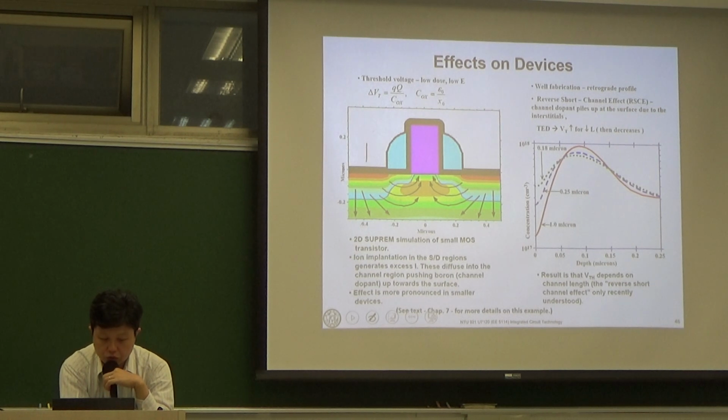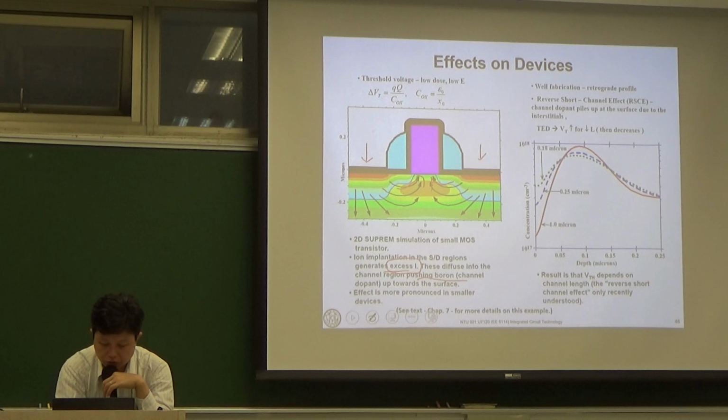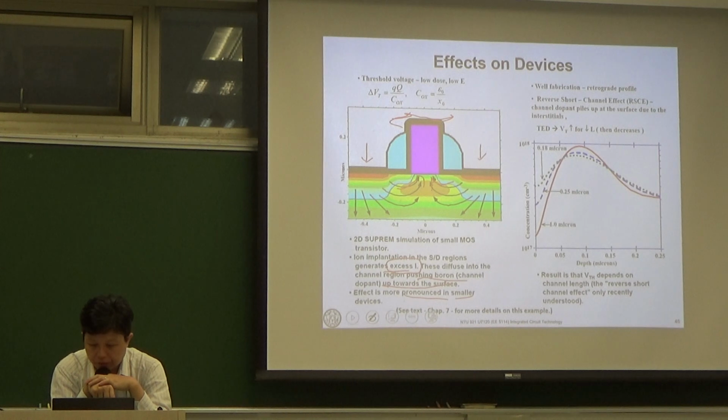We do the source drain annealing here, and that will provide this excess I. And this I will diffuse into the channel, pushing your boron dopant, your channel dopant, up toward the surface. This effect is more pronounced in smaller devices. When you try to shrink the source drain or the gate length, it becomes more pronounced.